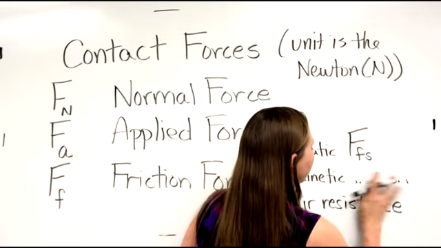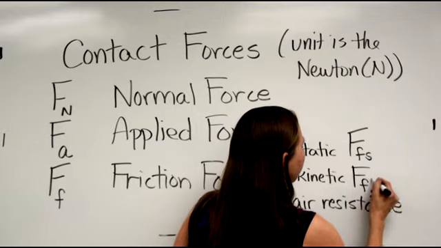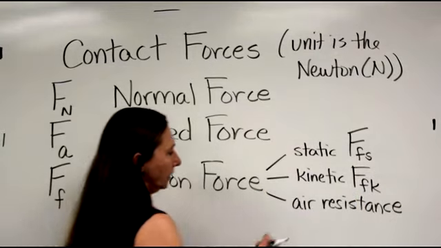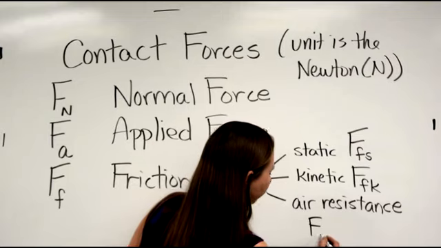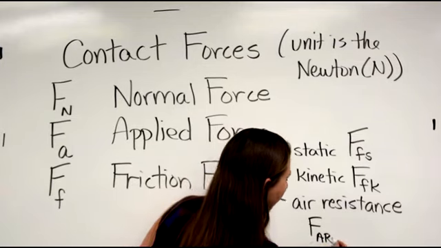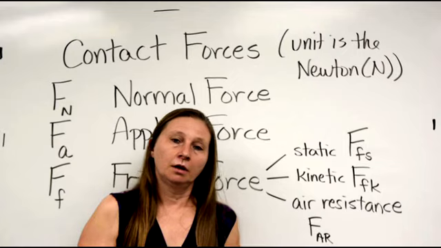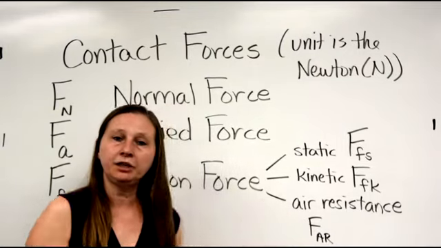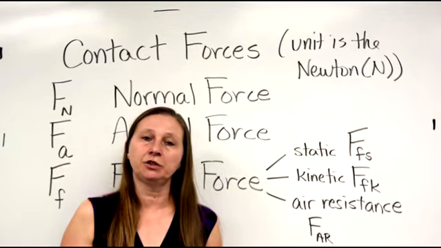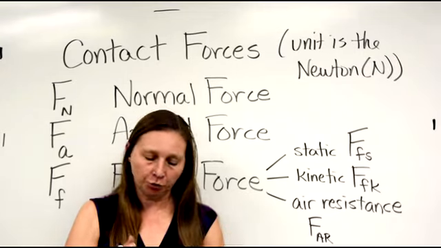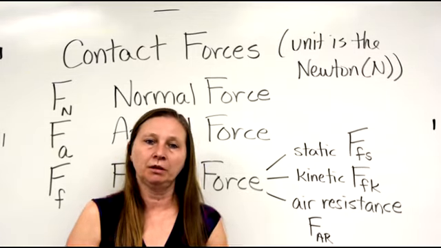For kinetic friction, the symbol would be F, little f, K. And for air resistance, let's just say F, AR. Now, your teacher might use slightly different symbols. A textbook might use slightly different symbols. But of course, your teacher will define the symbol. The textbook will define the symbol, and you use it.